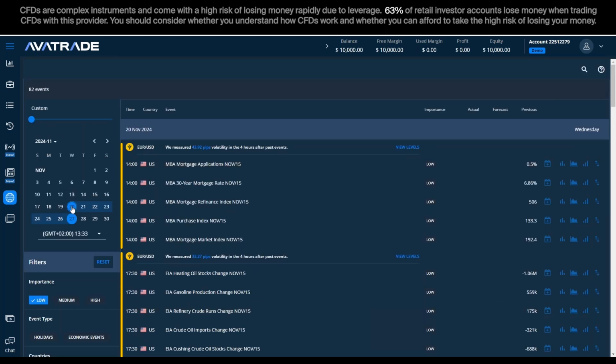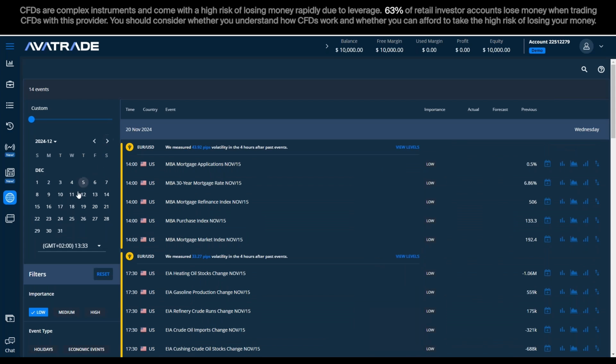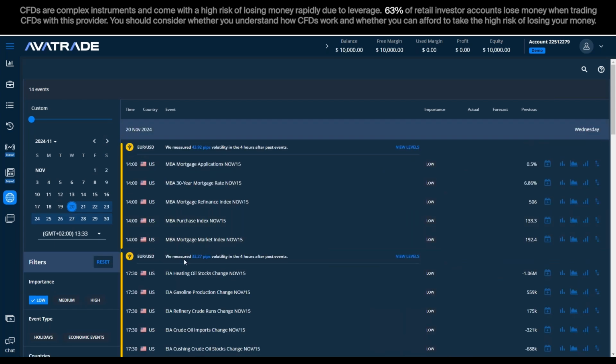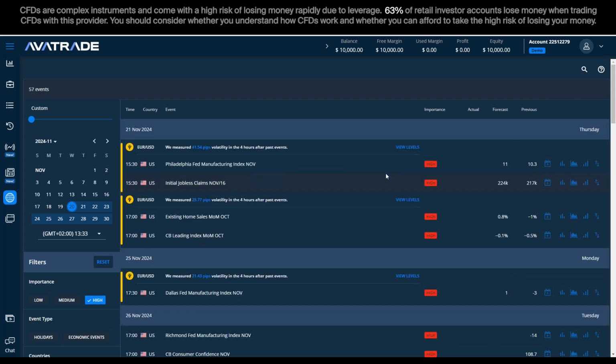So if we expand the date from the 20th all the way to, let's exaggerate and choose December, and then again mark the high and unmark the low, then it's going to show us that we have some high impact events.